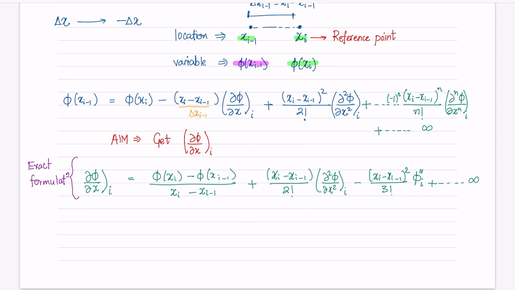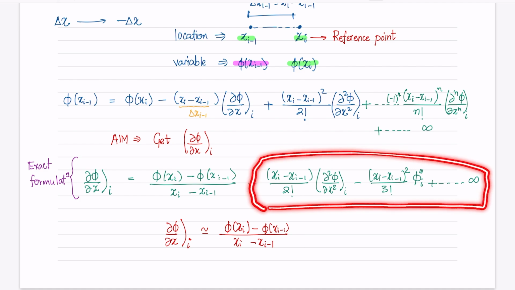So in that case, what we end up with is del phi over del x evaluated at the location I, that is my reference location, is approximately equal to phi of xi minus phi of xi minus 1 divided by xi minus xi minus 1. This is my approximation, and now I have truncated my series until here, and all of these terms that I'm highlighting are the terms that I have truncated, and these give rise to what is called a truncation error, just like before.